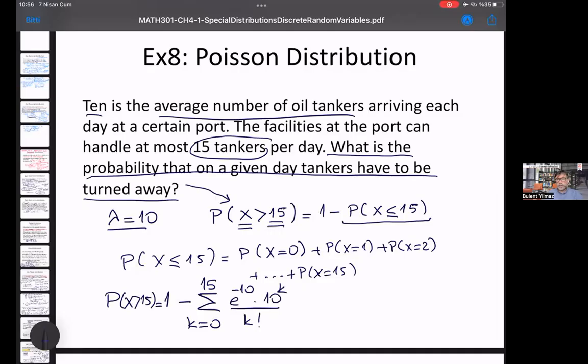Is this clear, guys? Okay, so it is 1 minus 0.9513, and it is 0.04787.